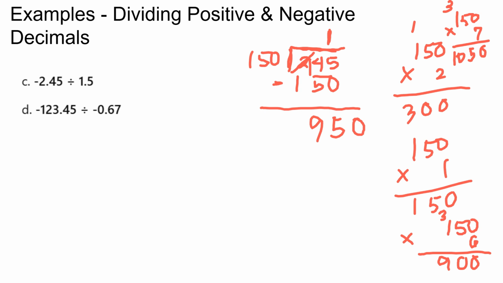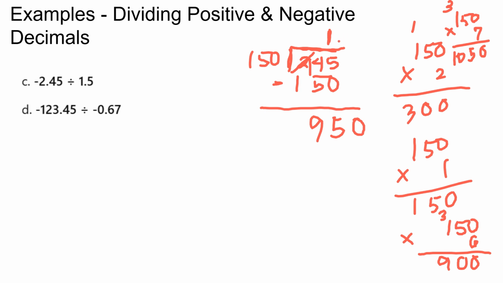So basically it's actually 6. How many 150s are there in 950? We will say that's 6.